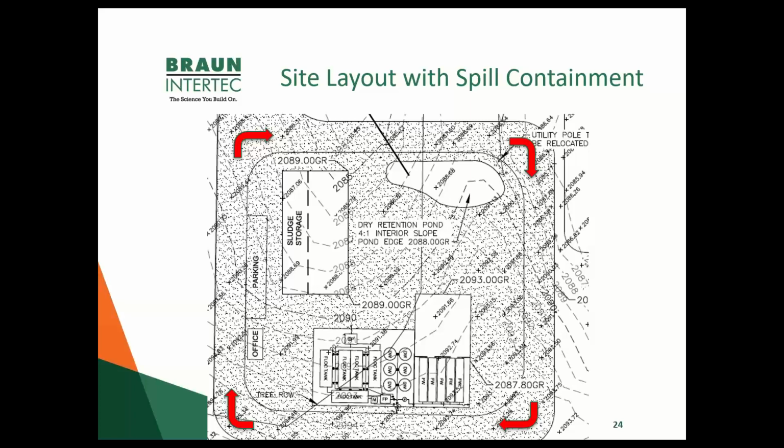In addition, both of these containment areas were set into the ground so that trucks could drive into them to load and unload sludges and other materials without compromising the containment system.